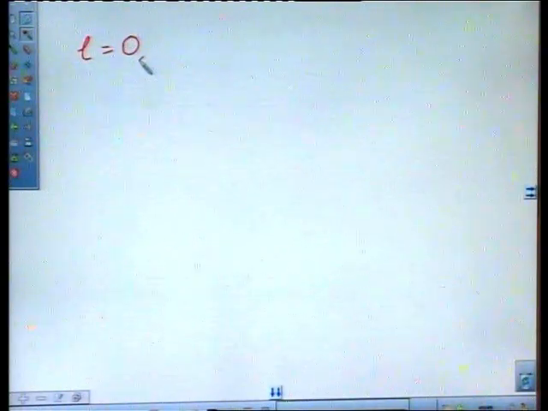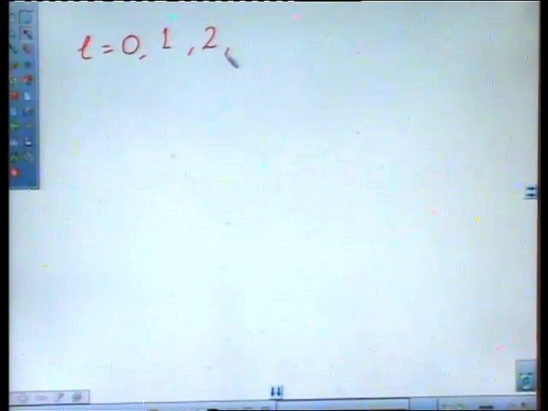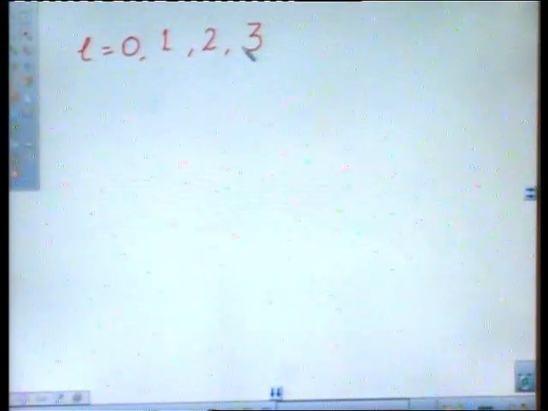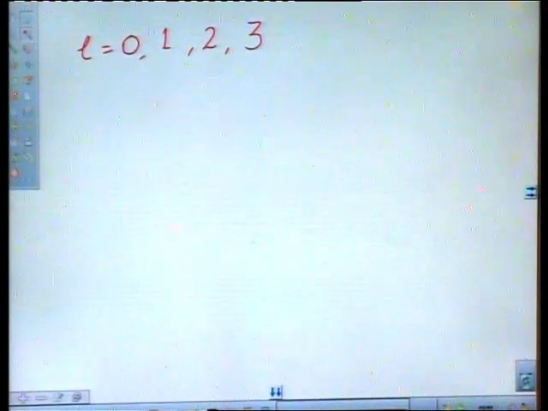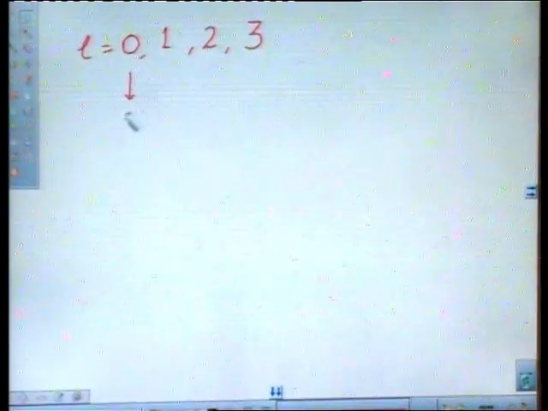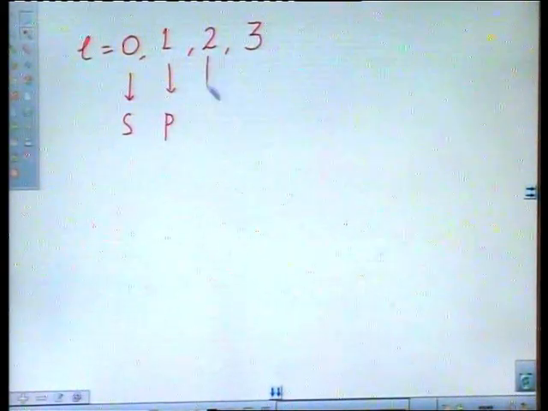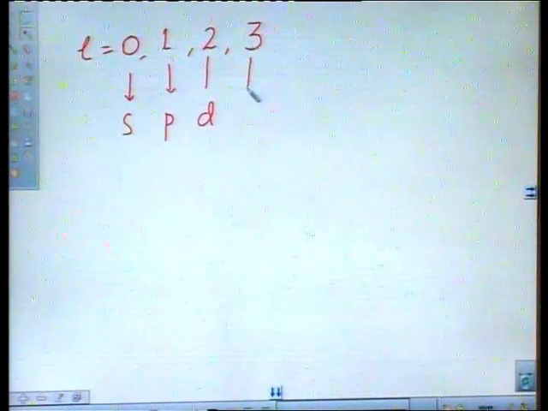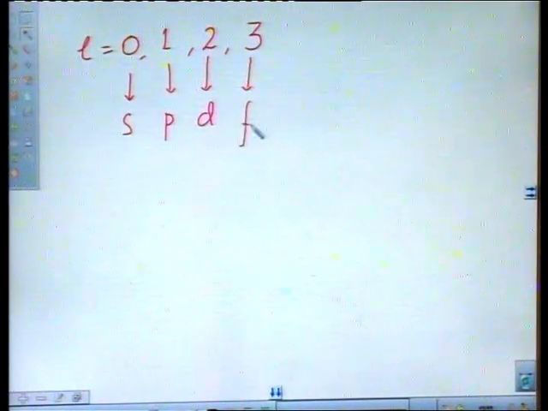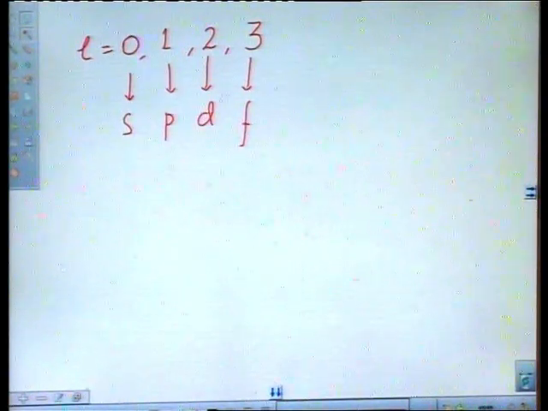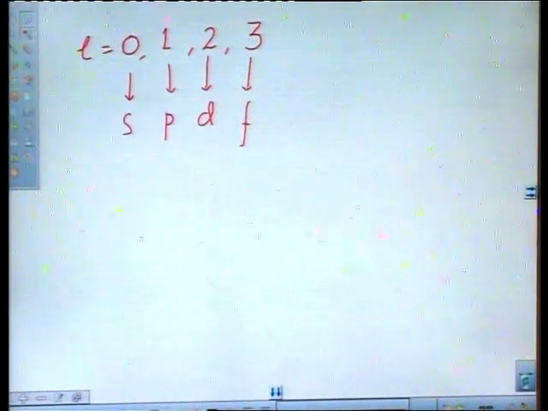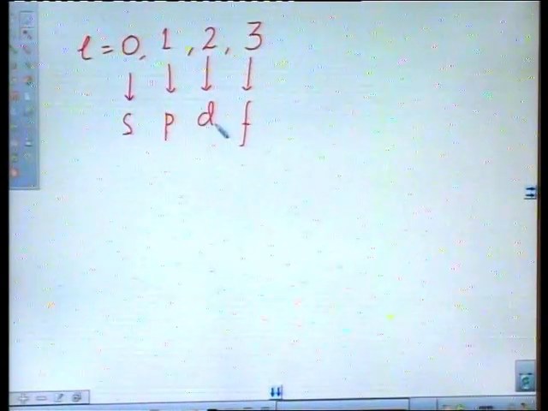The subshells are designated as follows. For the value of L there are 4 types, and the names of these 4 types are given: small s, p, d, f.